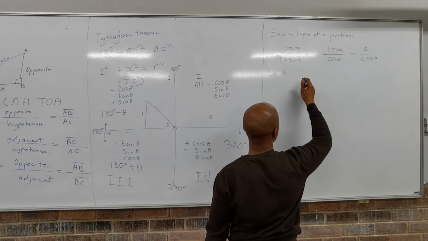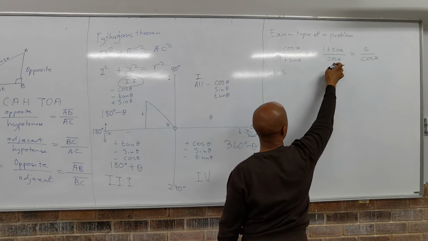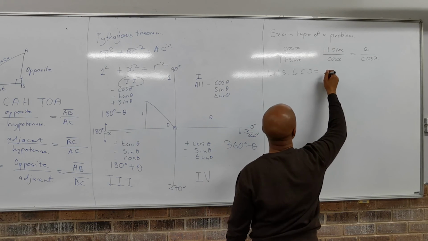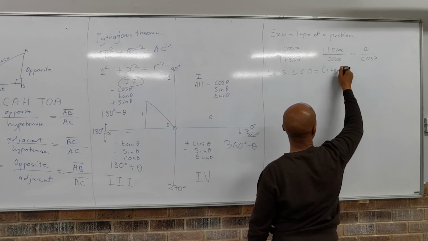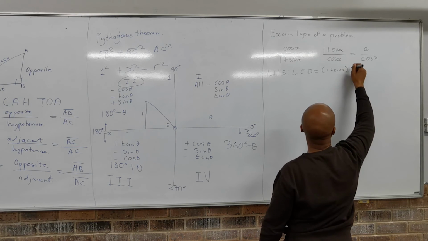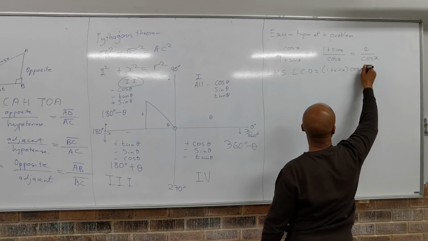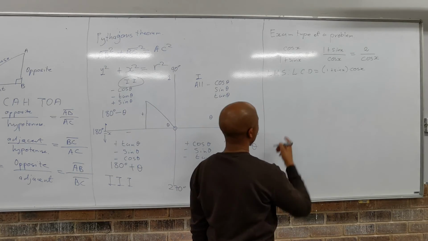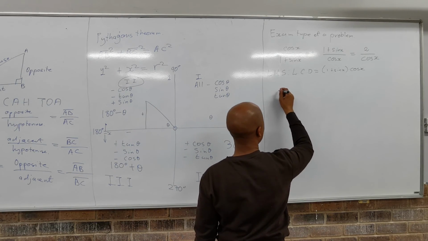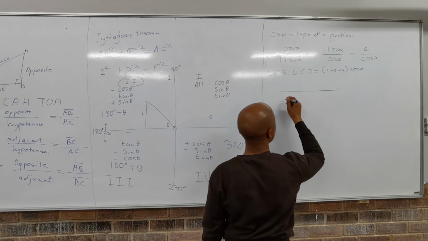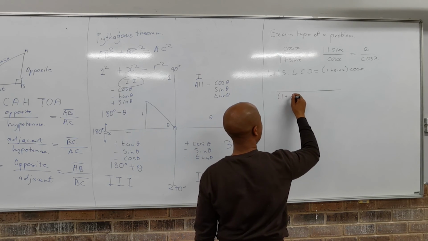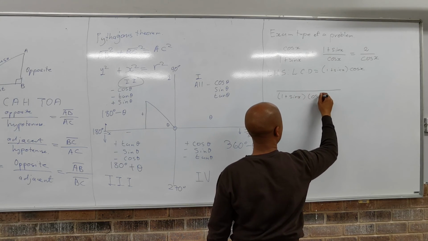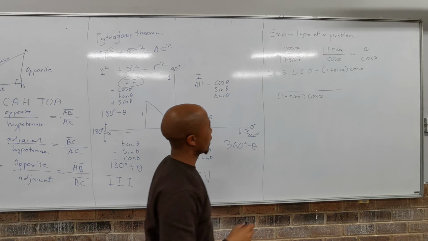Then what are we going to do? We are going to find the lowest common denominator, which is 1 plus sine x multiplied by cos x. So for our denominator, we have (1 plus sine x) cos x.